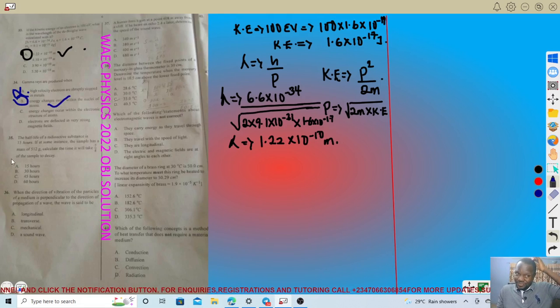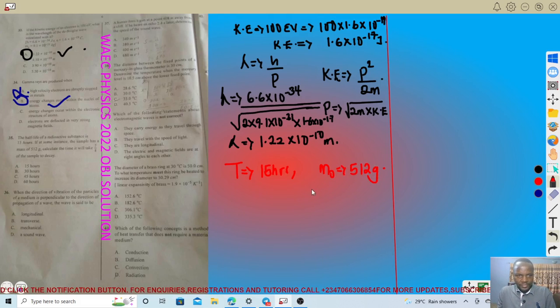The next one. The half-life of a radioactive substance is 15 hours. That means capital T is equal to 15 hours. Fine. If at some instance the sample has a mass of 512 grams, initial mass is equal to 512 grams.